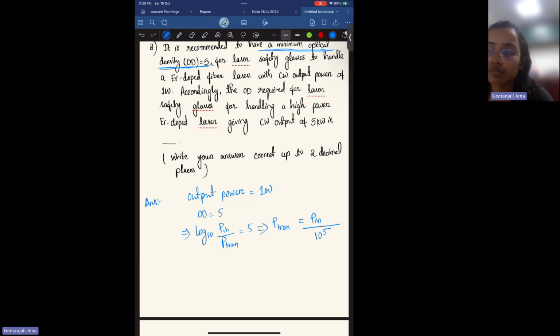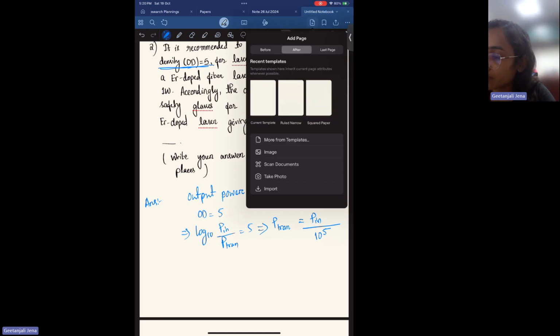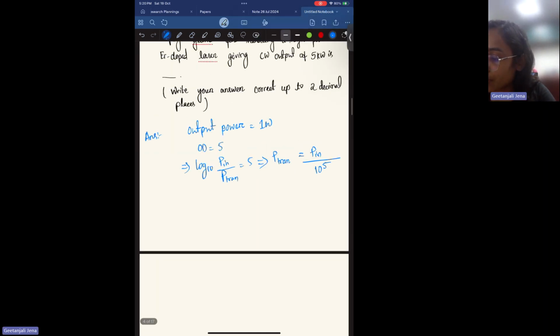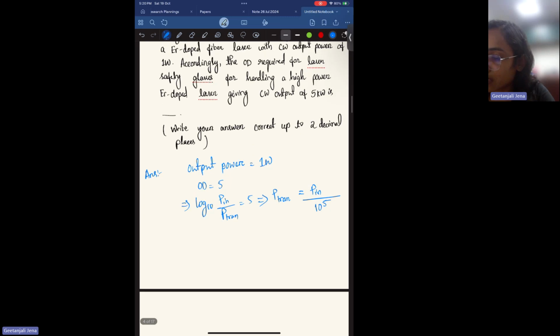That means after using the goggles, the transmitted power through the goggles should reduce by 10 to the power 5 when you are using 1 watt. Now for a 5 kilowatt, you can see how intense, how much power this erbium doped laser has.